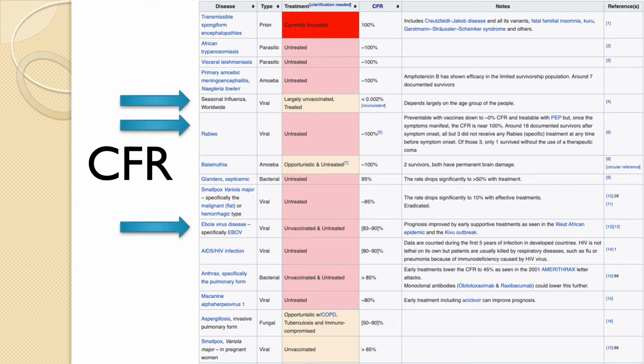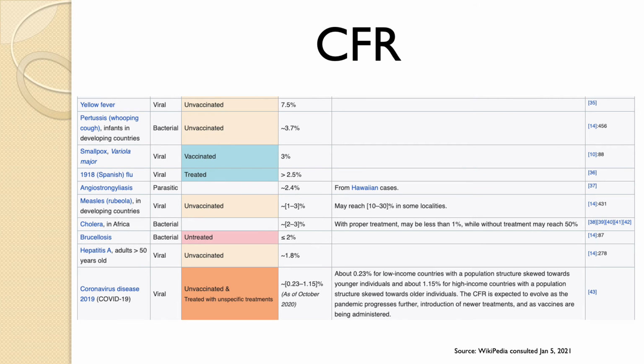A seasonal influenza, as you can see, is estimated to be as high as 0.002%. So this is very low. But in different countries it will depend very much on the age group of the patients involved. Now have a look at yellow fever, which is also a viral disease.